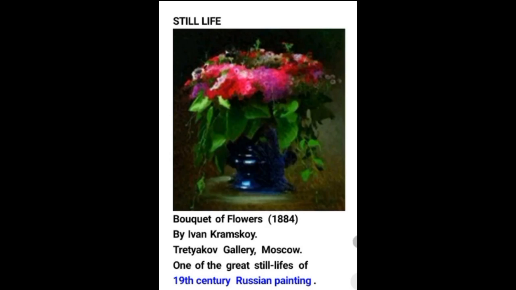So this is the example of still life painting. Bouquet of Flowers in 1884 by Ivan Kramskoy, Tretyakov Gallery, Moscow, one of the great still lifes of 19th century Russian painting.